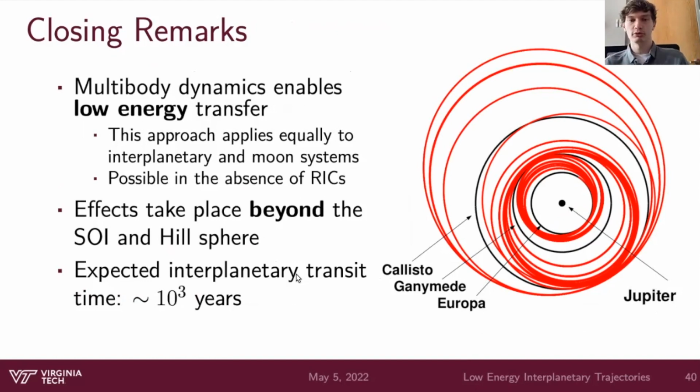This approach works for both interplanetary and moon systems, and one necessary condition to make it work is that there can't be any blockage, no rotational invariant circles. These gravitational assist effects take place way beyond the sphere of influence in the Hill sphere, and in terms of this small example, the expected interplanetary transit time is at least 1,000 years.